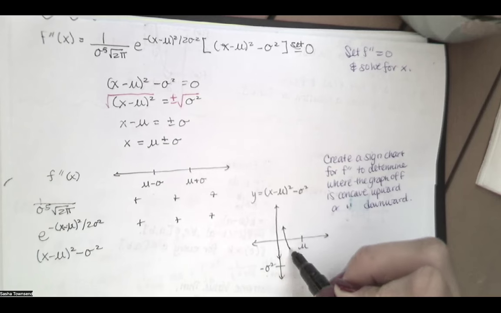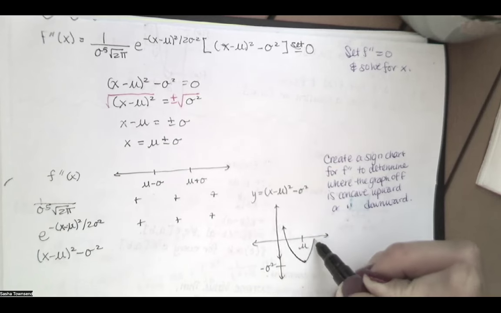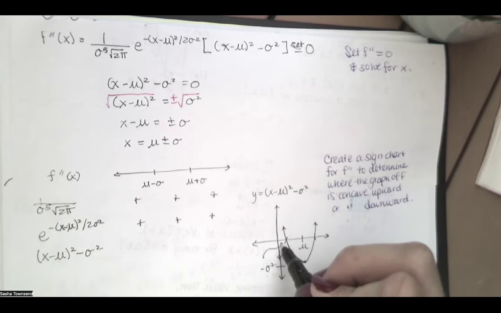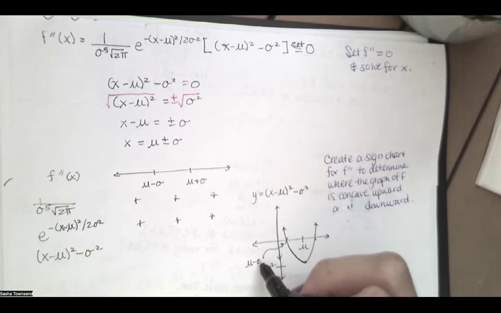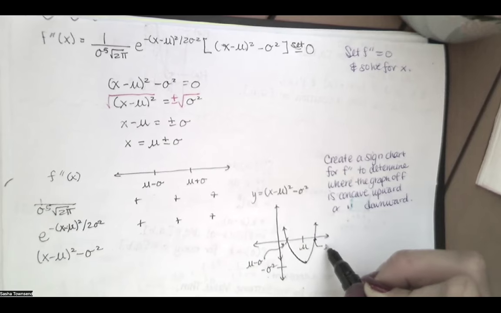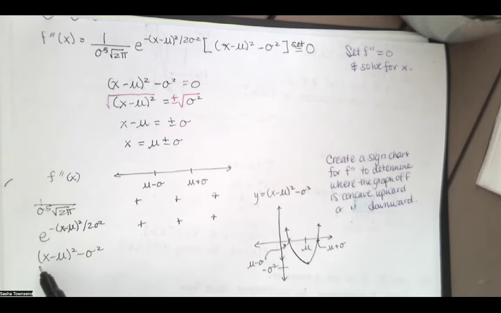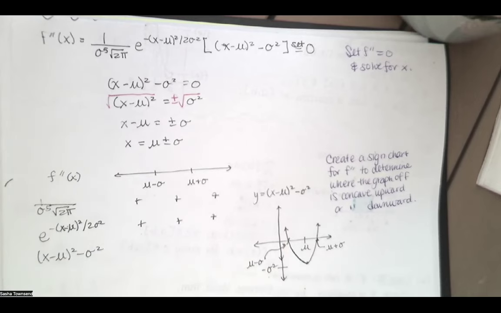So it's roughly going to look like this. And then it intersects the x-axis at mu minus the standard deviation and mu plus the standard deviation. And you say, okay, well, what is the sign of this x minus mu squared minus sigma squared? Well, it's going to be the sign of the y values on this graph.